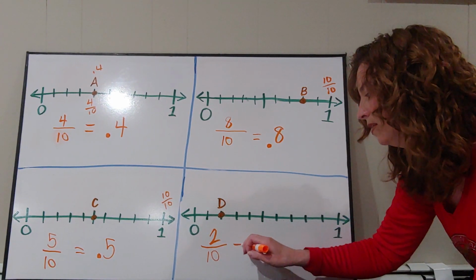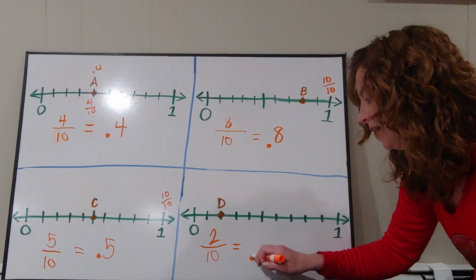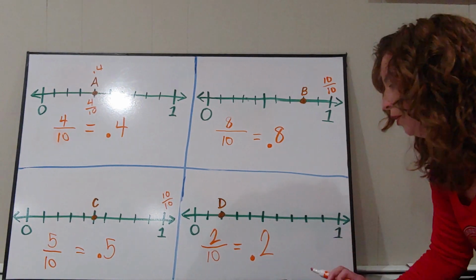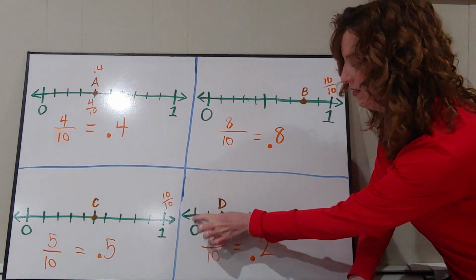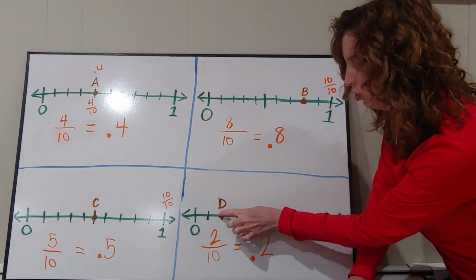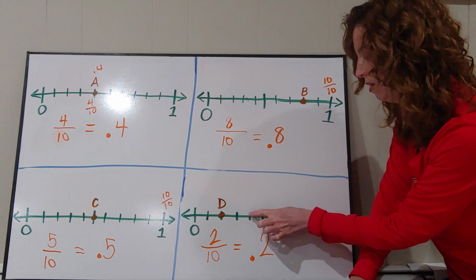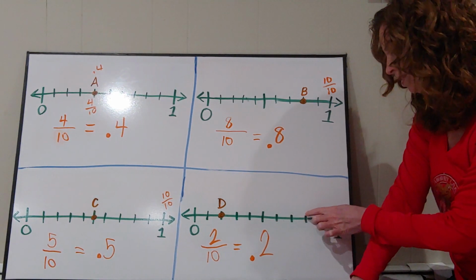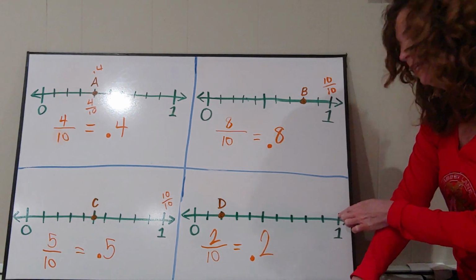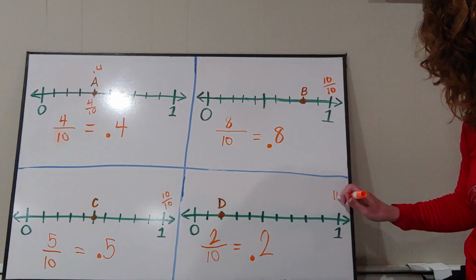So it's 2/10, which would equal decimal point 2. Now, let's count here. So we have 0, right? So this would be 1/10, 2/10, 3/10, 4/10, 5/10, 6/10, 7/10, 8/10, 9/10, 10/10, which equals 1.